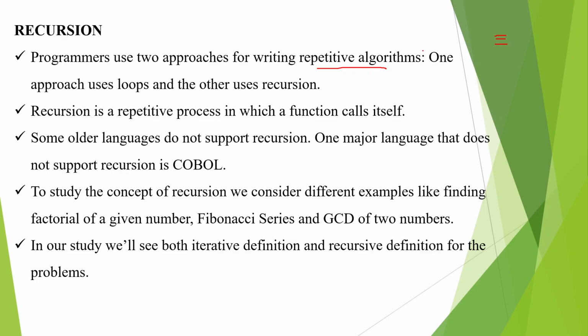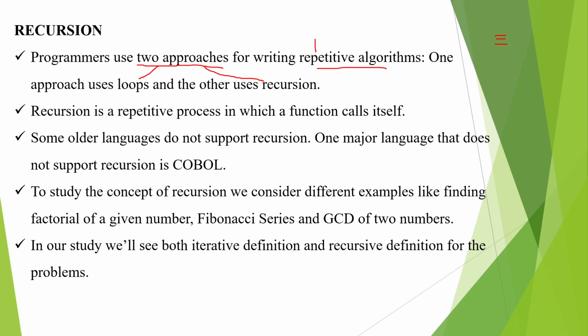There are basically two approaches to achieve repetition in our programming. One is using loops and the other one is using recursion. So we can call recursion an alternative approach to achieve repetition.